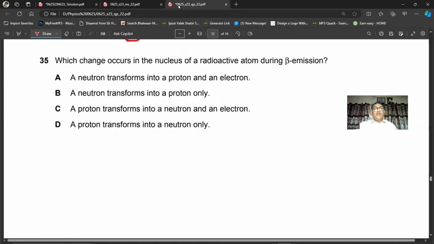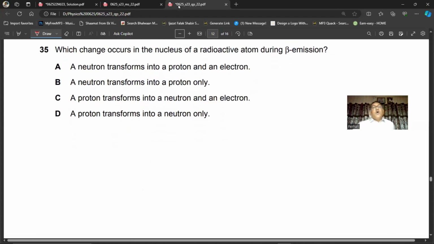Now we are on question number 35. He says, which change occurs in the nucleus of a radioactive atom during beta emission?